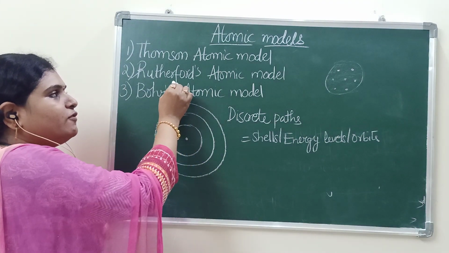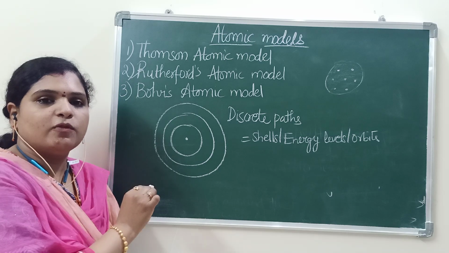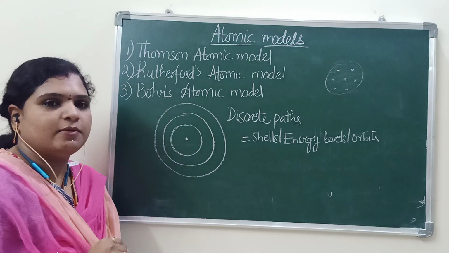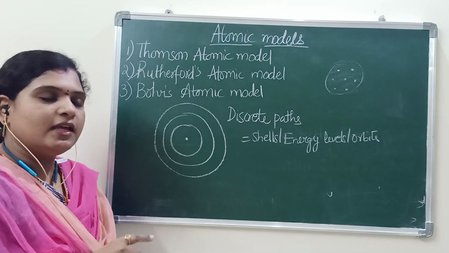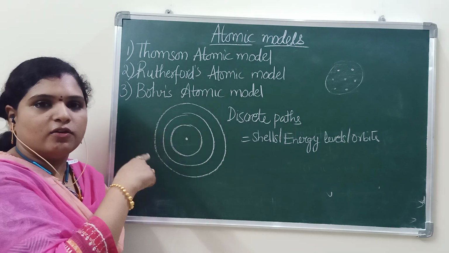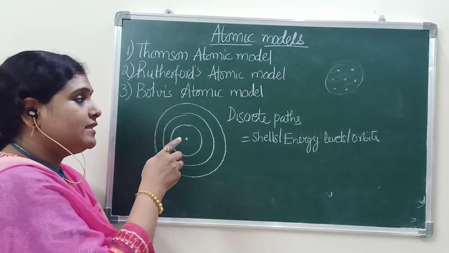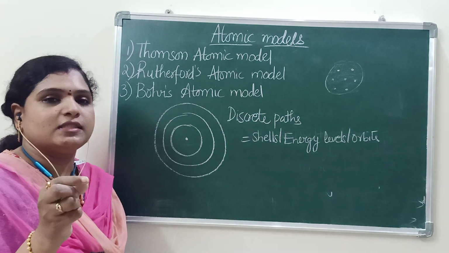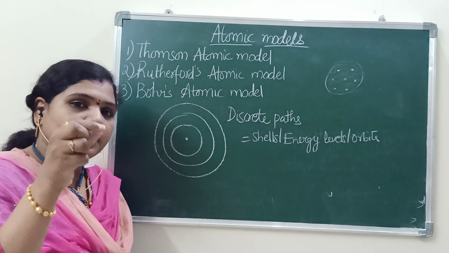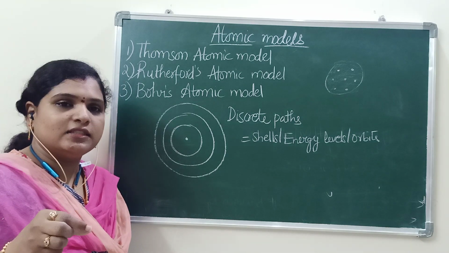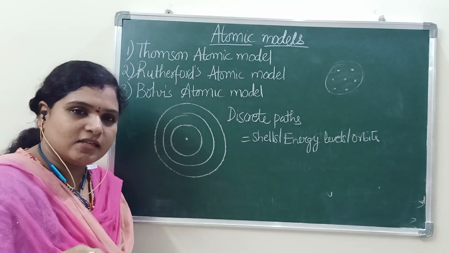The defects of Rutherford's atomic model were solved by Bohr's atomic model. What he said is that the electrons will revolve around the nucleus, but in specific paths called discrete paths. While moving in the discrete or specific paths, they will not radiate energy. That's why they are stable.